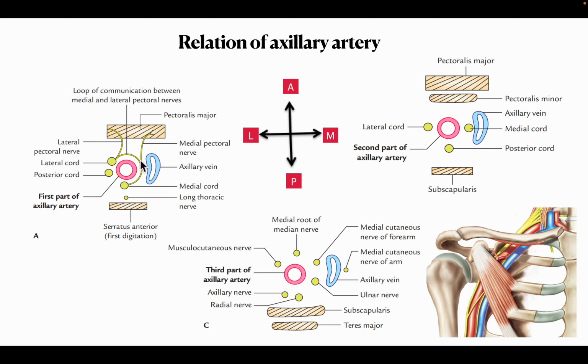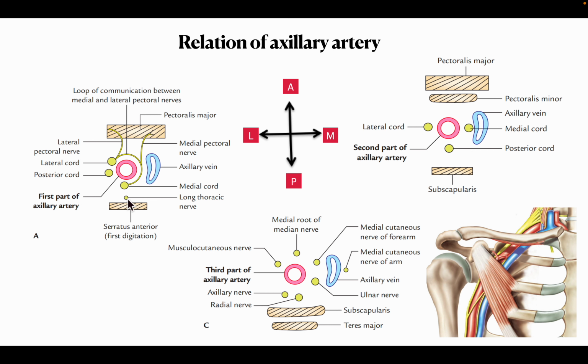In the medial aspect, we have the axillary vein, and in the back side or the posterior aspect, we have the first digitation of the serratus anterior muscle, as well as the long thoracic nerve, because this long thoracic nerve supplies the serratus anterior muscle.